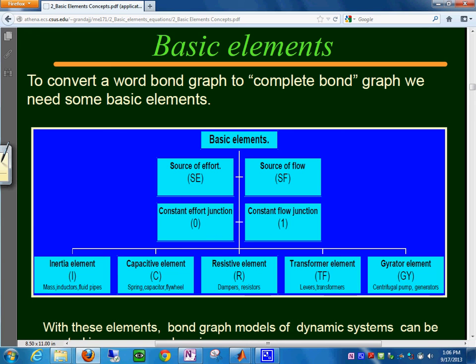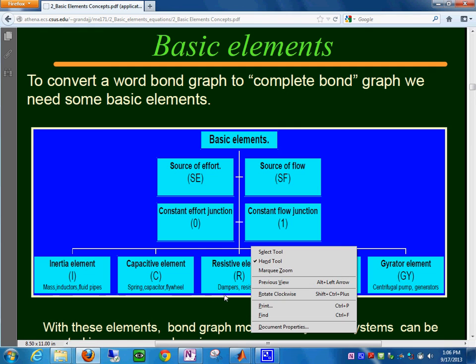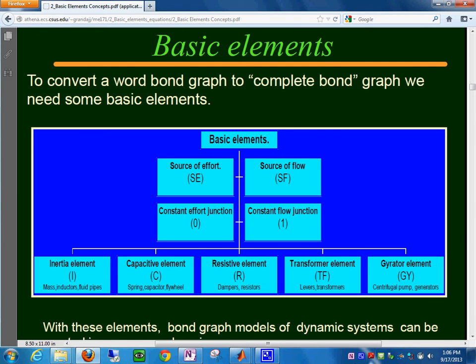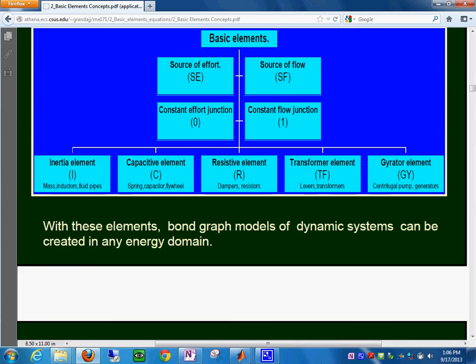Those are the tools that are used for creating the connections between elements. And in here you see you have the inertia element, capacitive element, resistive element. You have the transformer, and then you have the gyrator.